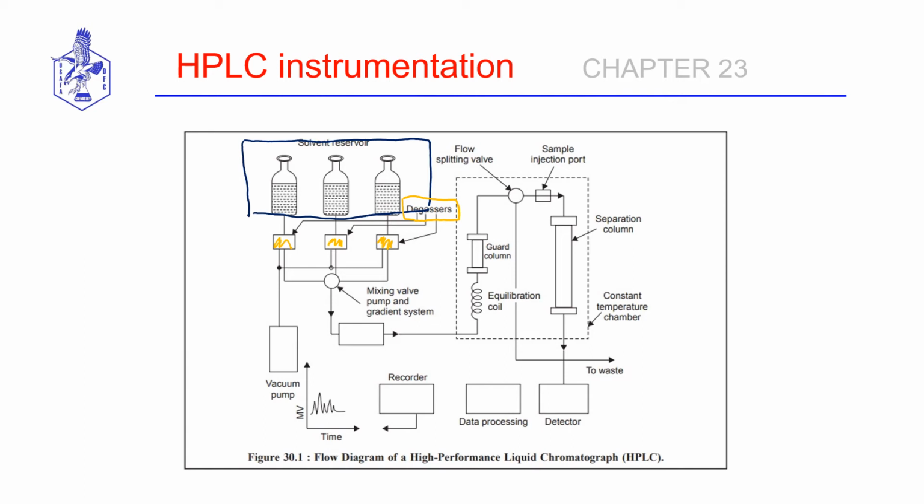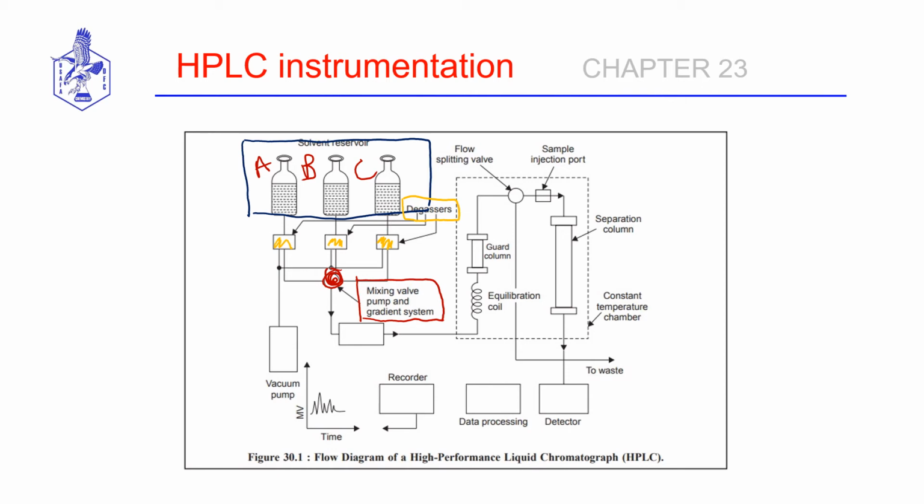We have to have a mixing valve, which is going to give us the correct composition of my solvents A, B, and C as under control of the computer. It's going to tell me what combination of solvents to use at that particular point in time. Okay, that mixture of solvents is going to have to be mixed. And then this entire system is called the gradient system.